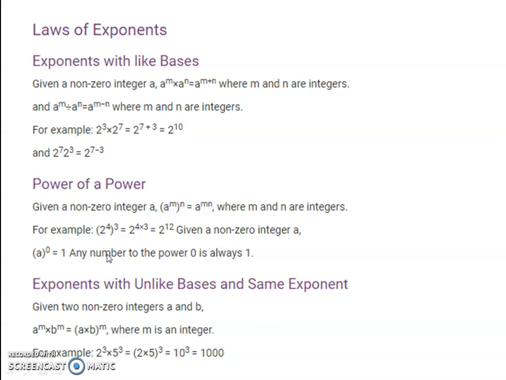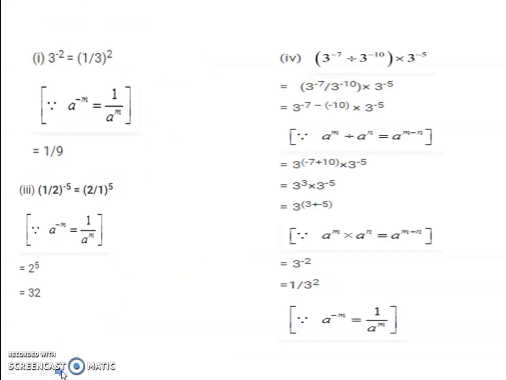Hope you remember all these laws of exponents. Now let's see what are the topics which you learnt in this. Here you have negative exponents. I told you in class 8 you are dealing with negative exponents. Negative exponents means you will have the reciprocal of the base. 3 raised to negative 2 is equal to, what is the reciprocal of 3? 1 by 3. 1 by 3 raised to 2.